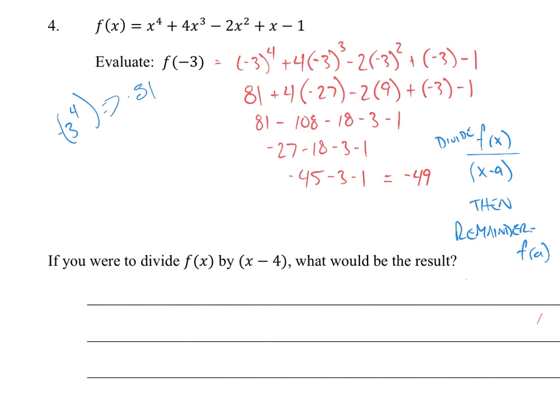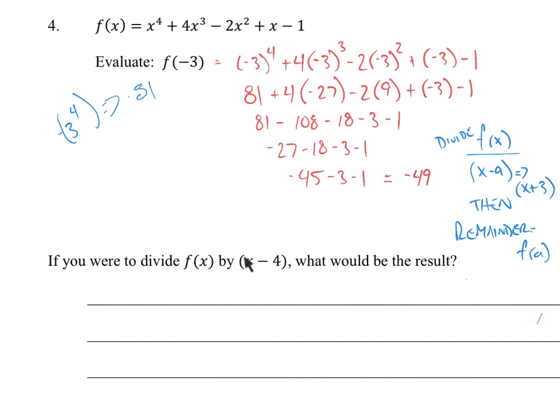All right, so here we have our f of a because we did f of -3. So a is -3, which means x minus a in this case is x plus 3.